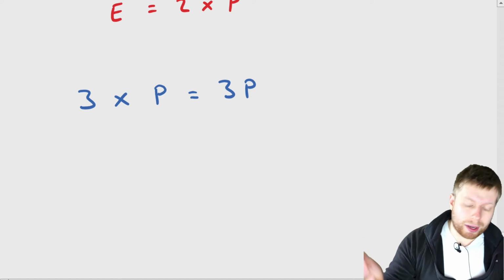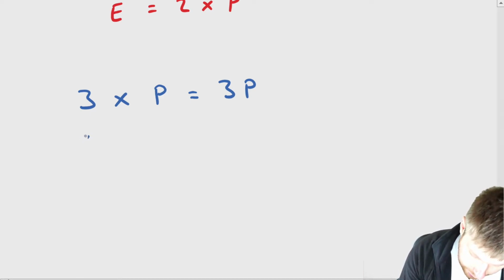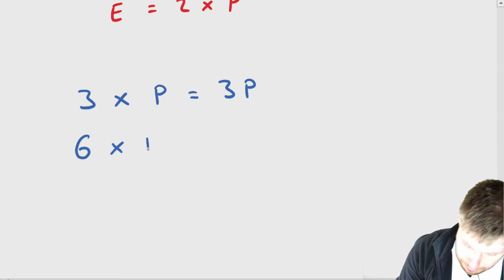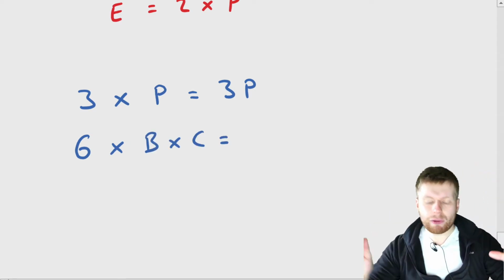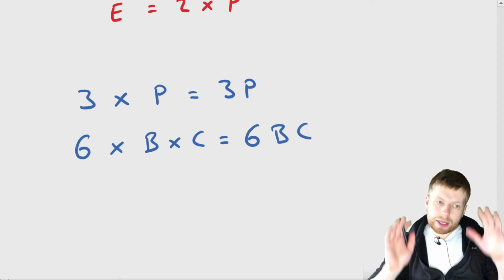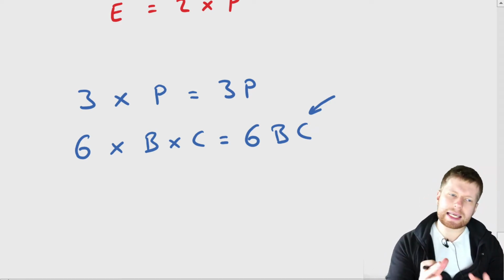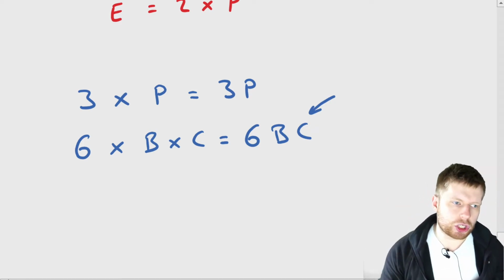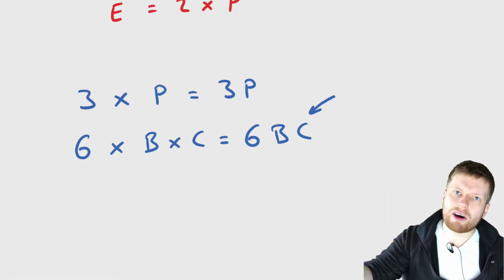I may have more than one letter or may have more than one number. So for example, I could have something like 6 times b times c. So again, I could just take out that multiplication symbol and I would just write that as 6bc. Now you notice that the order of the letters doesn't particularly matter, but just by convention, we tend to write it with the number first, then the letters in alphabetical order.